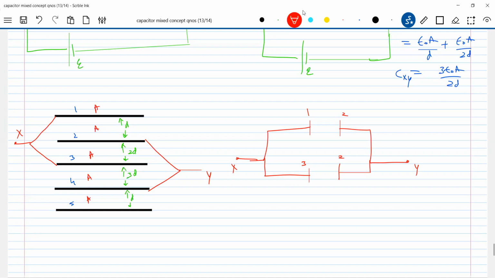Put it like this. Again 2 and 4 are common, no? So again from here you draw like this. There's a plate 4. Between plate 4 and 3 there'll be one more capacitance, and 4 and 5.